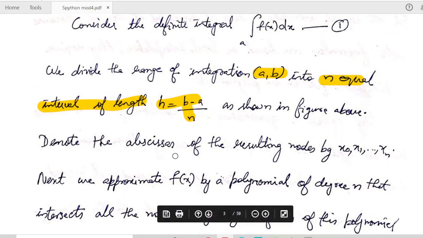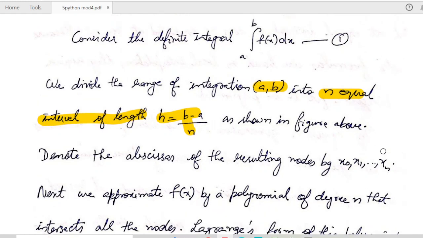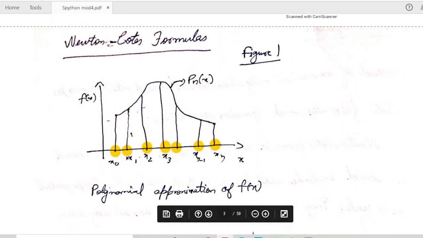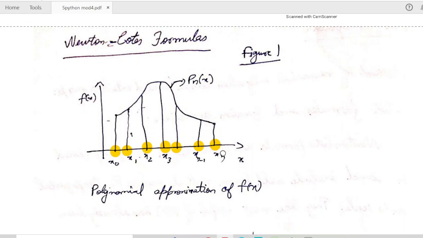Now denote the abscissas of the resulting nodes by x0, x1, up to xn. So we are denoting the points of the subintervals as x0, x1, x2 up to xn.